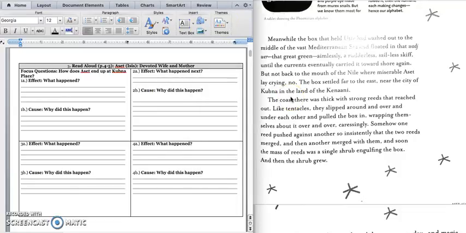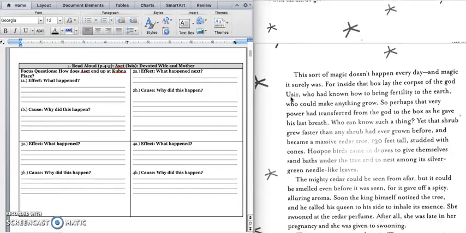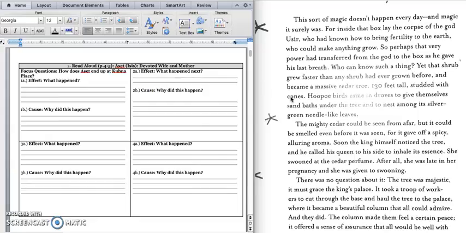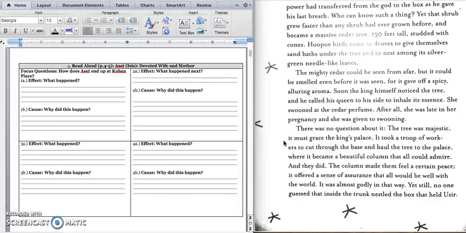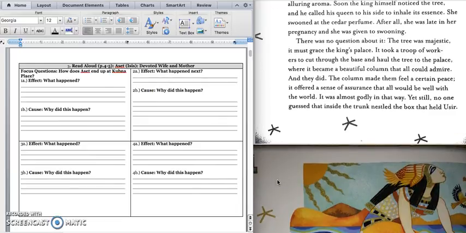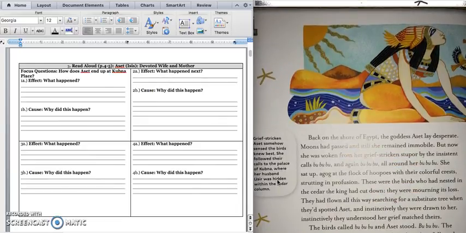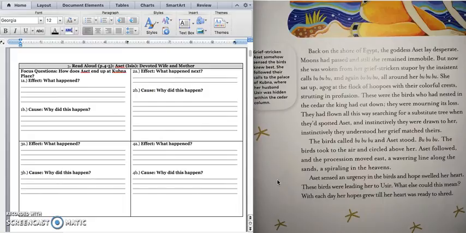The box that held Usher washed up on the shore of Kubna, and shrub grew all around it, and the box became this beautiful cedar tree that all the birds lived in. The king even saw it from his palace, and the queen wanted it, so they cut down the tree and brought it back to the queen.